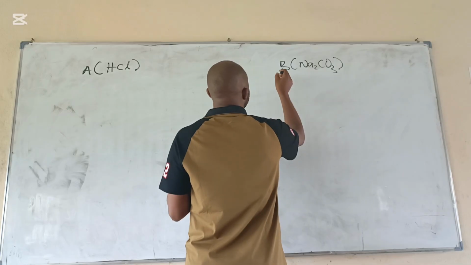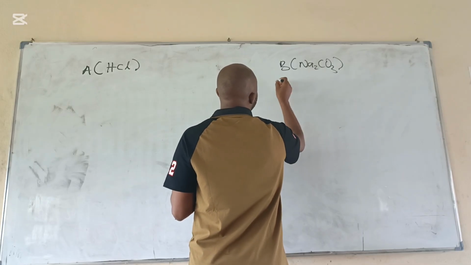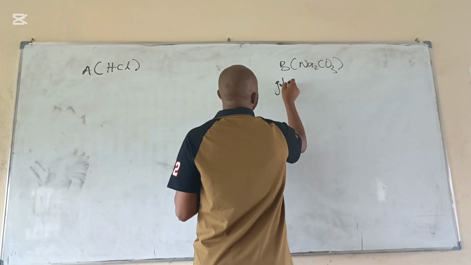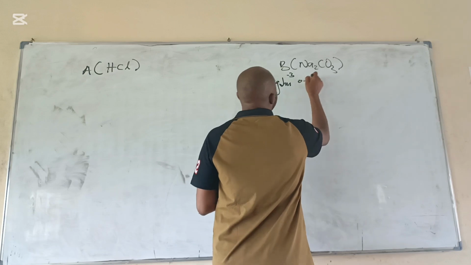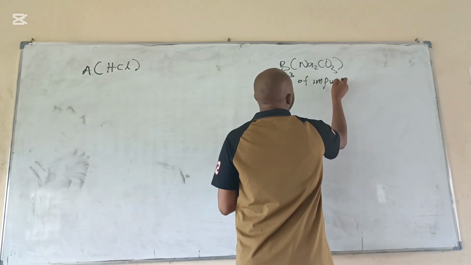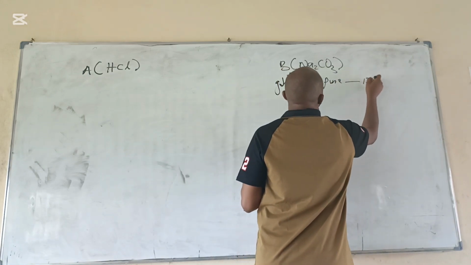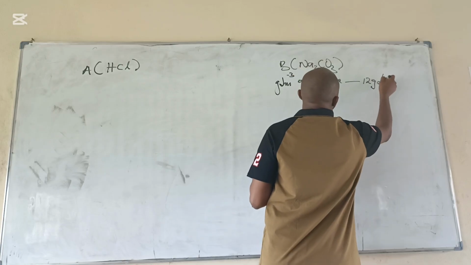So the mass concentration of impure, let me call it g/dm cube of impure, is 12 grams per dm cube.